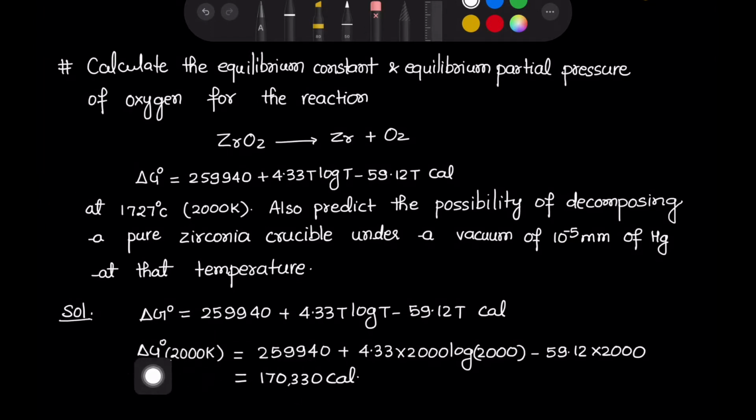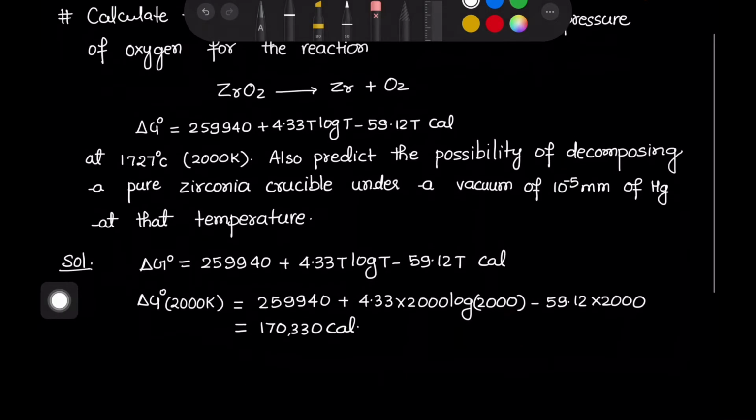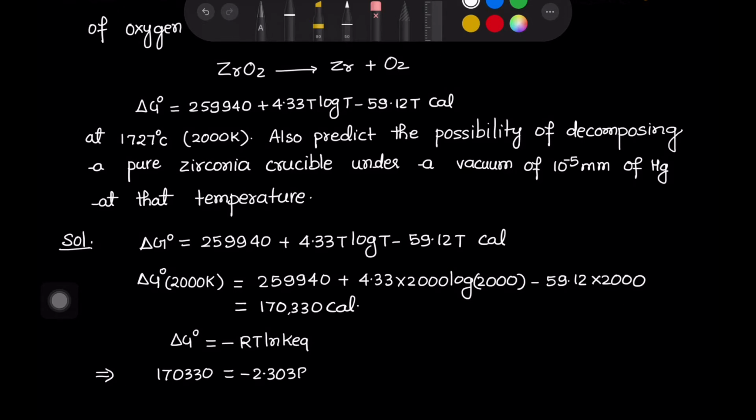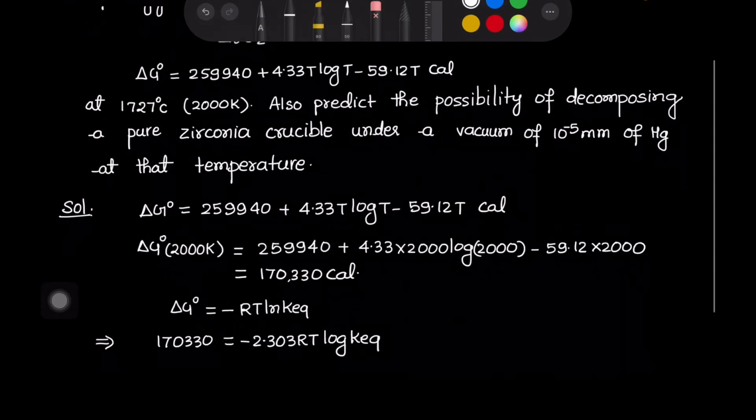Now we know the relation between delta G naught and the equilibrium constant K, that is delta G naught equal to minus RT ln K equilibrium. You just put that value, that is 170330, and it can also be written as minus 2.303 RT log K equilibrium.